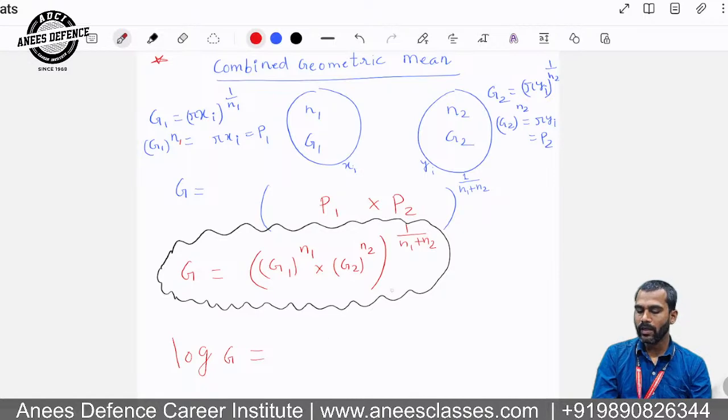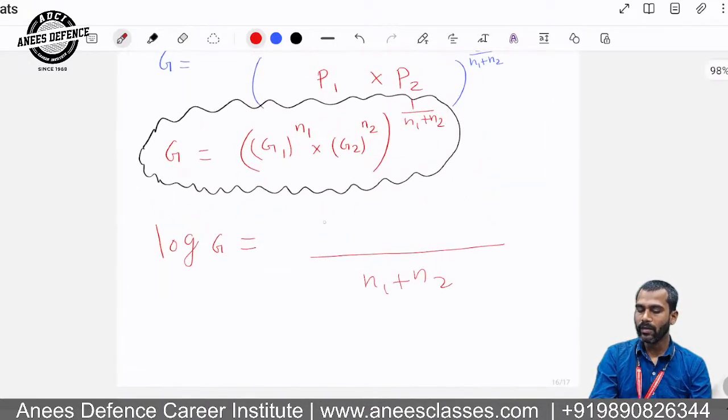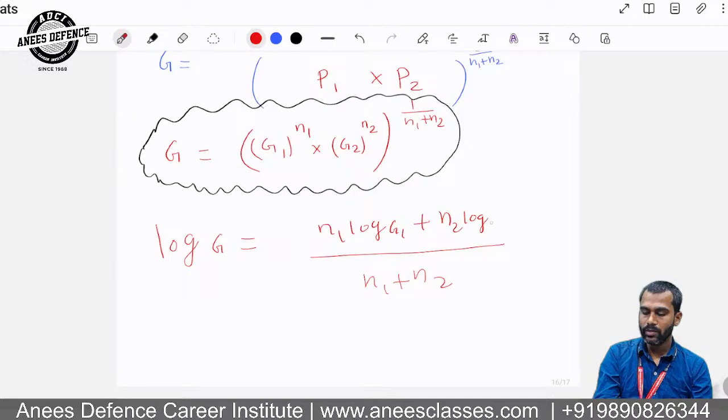Can I say, if you apply log here, 1 by n1 plus n2 will come in multiplication? So can I write divided by n1 plus n2 here? And if you apply log, this will again be n1 log g1 plus n2 log g2.